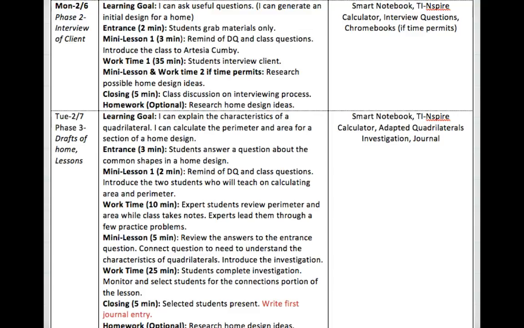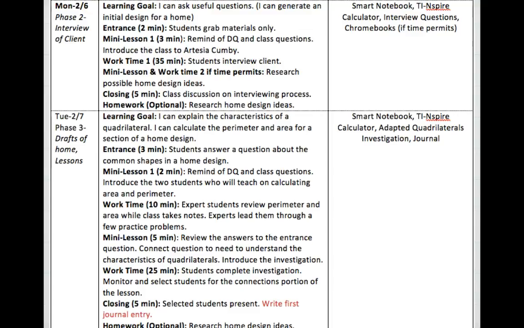They had a miniature lesson on the driving question and the class questions that came up. And then I introduced the class to Mrs. Cumbie. Students took turns asking questions that we had already created and wrote down the answers that Mrs. Cumbie shared.